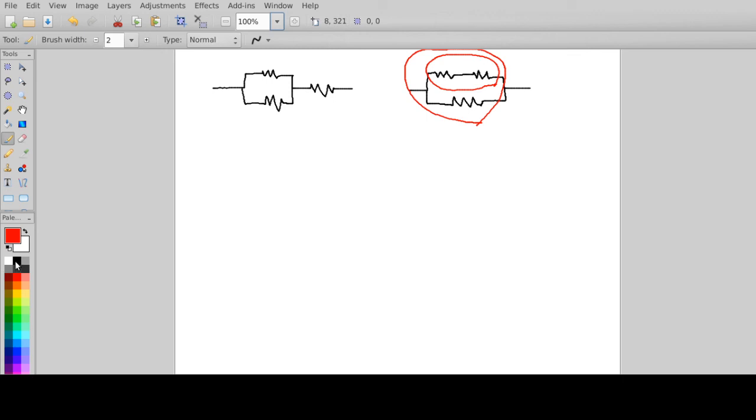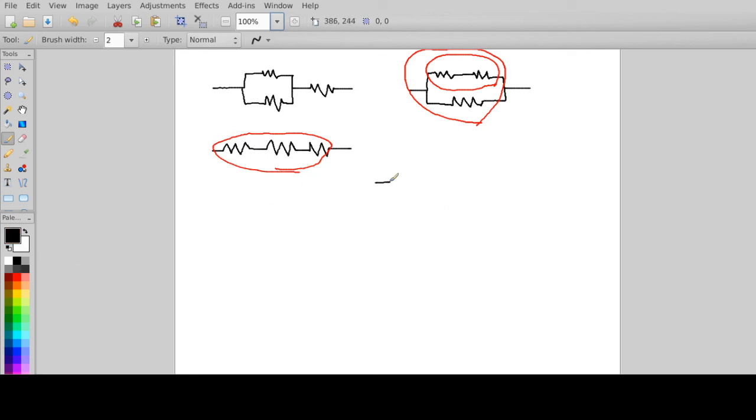That's kind of it for the non-trivial ones for 3. You can have this with 3, obviously, but this one is easy because it's just 3 in a row. When you have 3 in a row, they're all in series, so you can just add them all up.